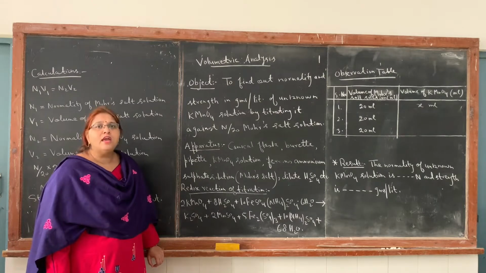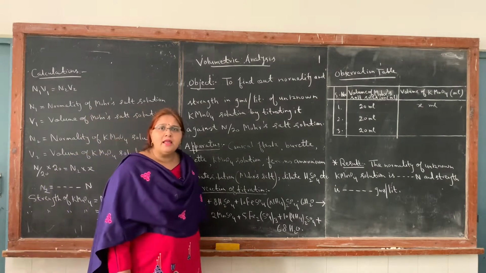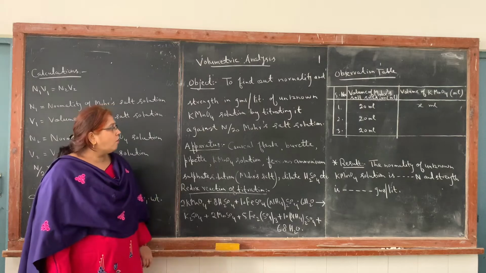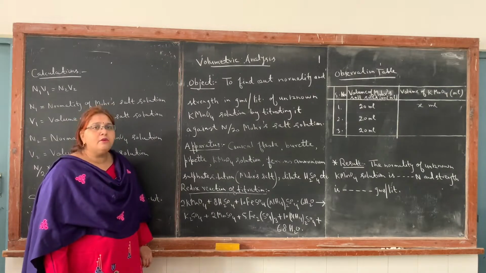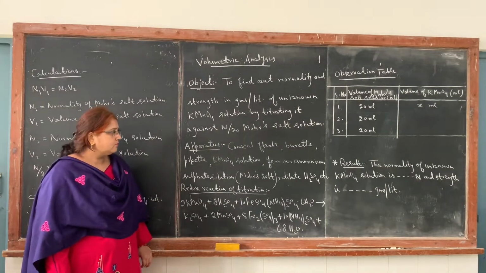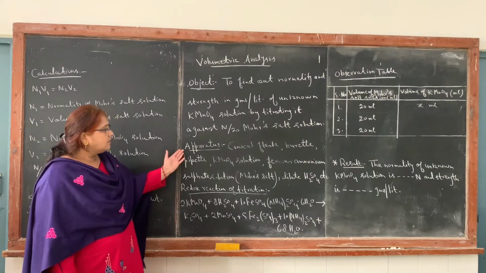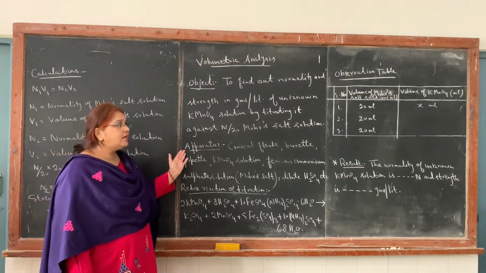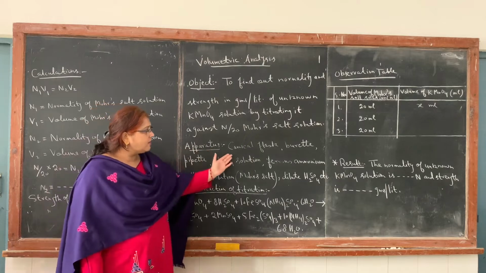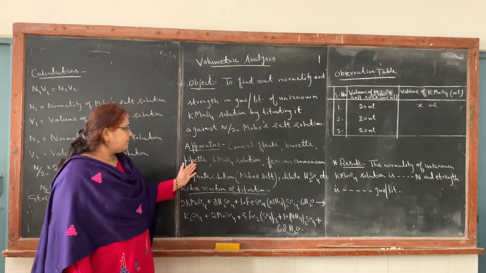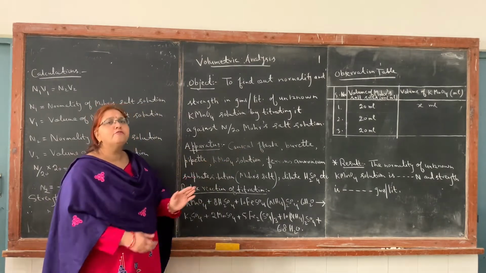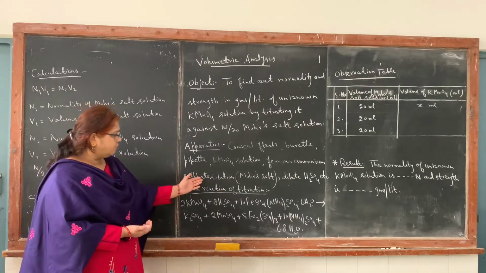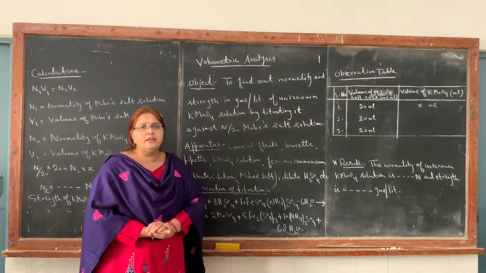That is, we have to find out the normality and strength of the unknown KMnO4 solution. So what are the things which we need? We need a conical flask, burette, pipette, KMnO4 solution, ferrous ammonium sulfate solution known as Mohr's salt solution, dilute sulfuric acid, etc.